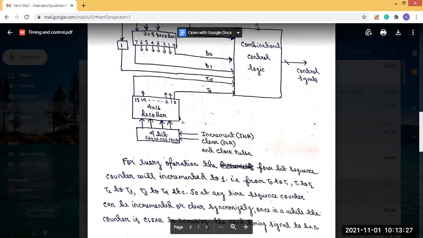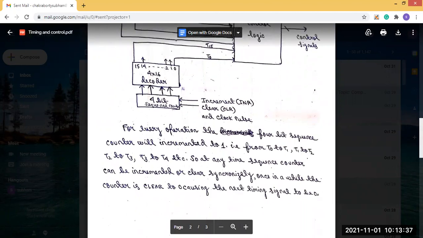That means increment and clear go synchronously, once in a while. And once in a while, the counter is cleared, causing the next timing signal to be zero. That means when the CLR operation is performed, the next timing signal will be zero.